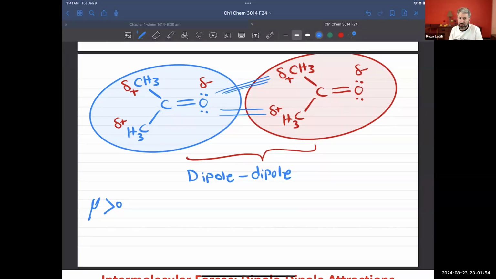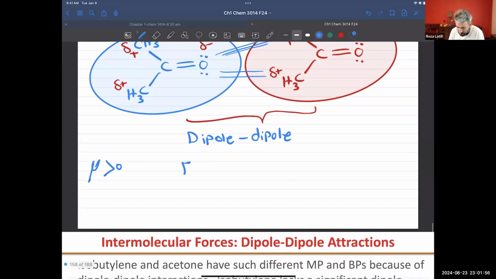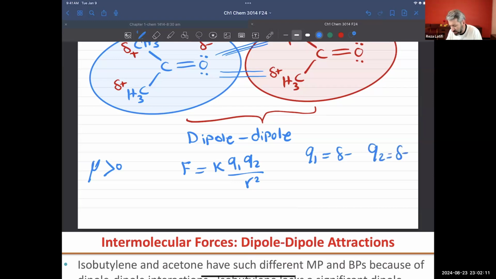Remember, you're talking about electrostatic force. Electrostatic force is equal to K times Q1 Q2 divided by the square of the distance between them. Q1 is the negative charge, Q2 is the positive charge, and R is the distance between them.